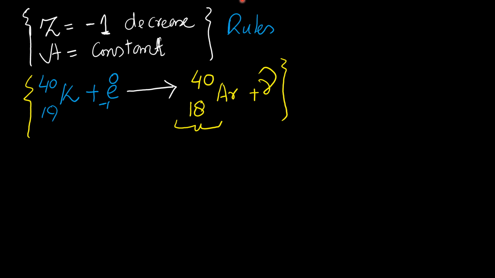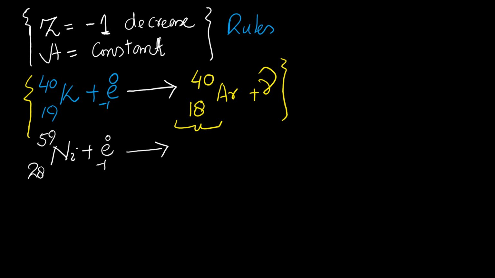Now consider another example. We have nickel 59, and this nickel 59 goes through the electron capture process.